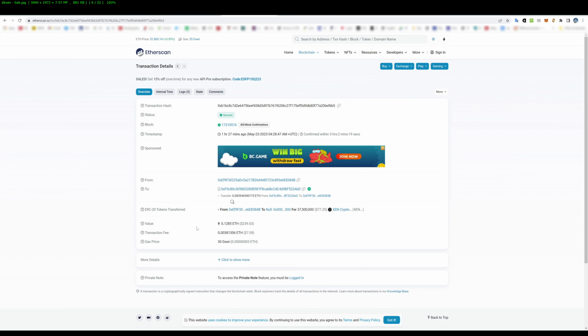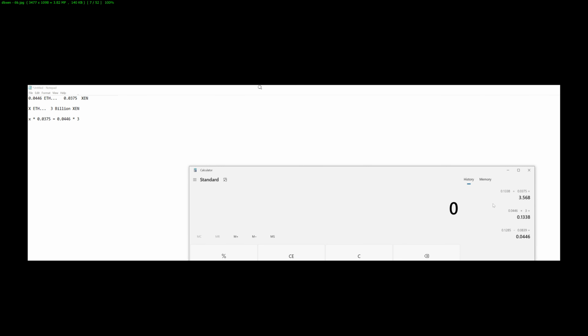So anyway, let's do some calculator math. The value of the transaction was 0.1285 ETH, and he was refunded 0.0839 ETH.